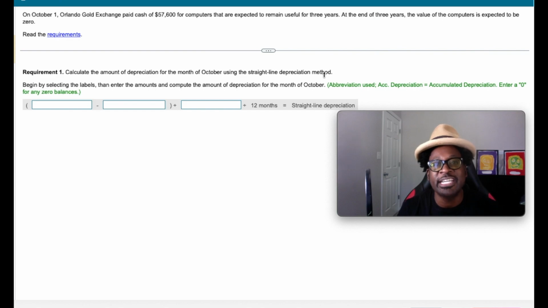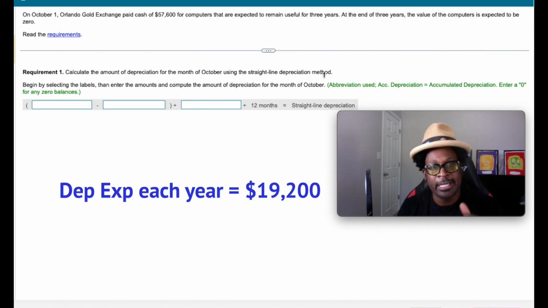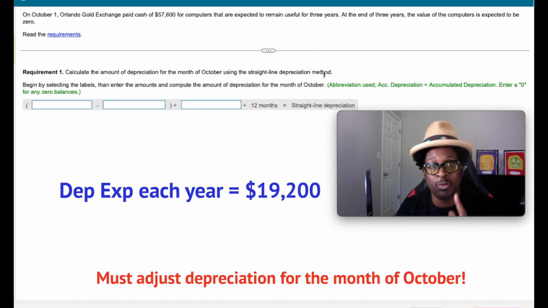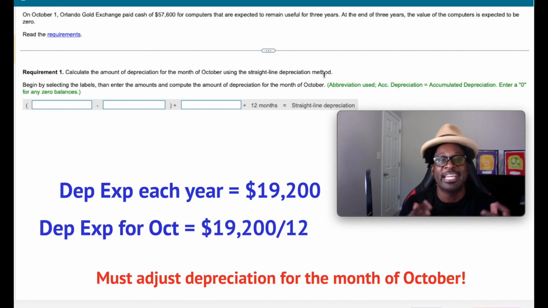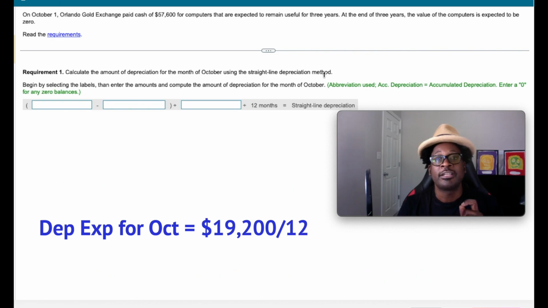So our depreciation expense for each year will be $19,200. But remember, gang, we just need to calculate the depreciation expense for the month of October. And since there are 12 months in a year, we're going to take that $19,200 and divide it by 12, thus getting us the depreciation expense for the month of October of $1,600.